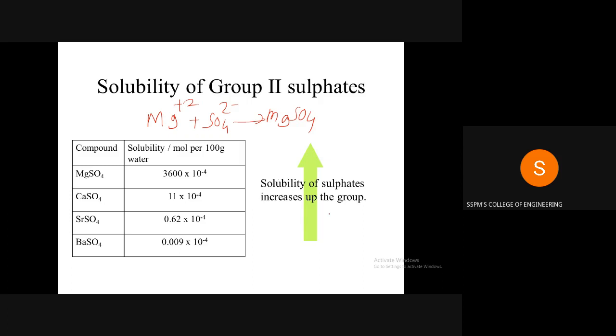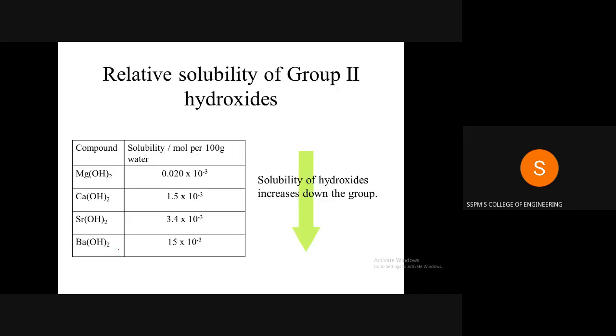It also increases when you go up the group, not down the group; the solubility of group 2 sulfates increases going up. मग असे हायड्रॉक्साइड्स होते ज्या हायड्रॉक्साइड मध्ये काय होईल, when you go down the group, solubility of that hydroxide increases.